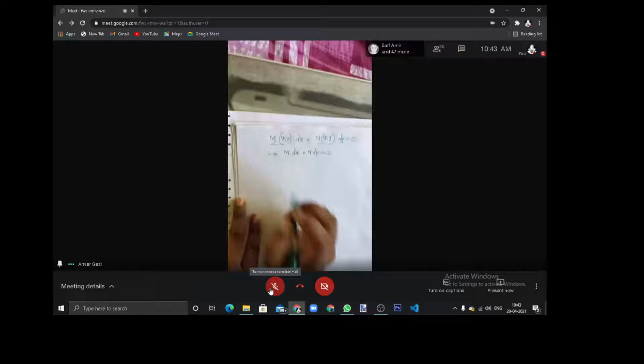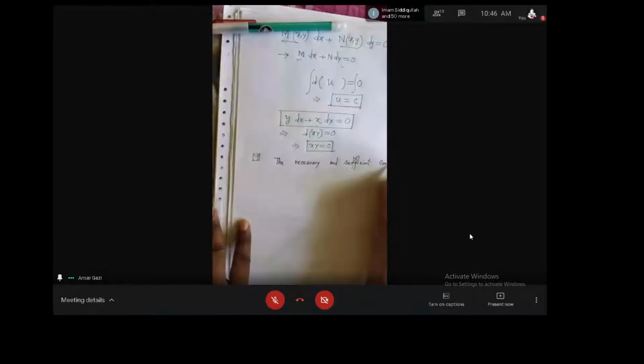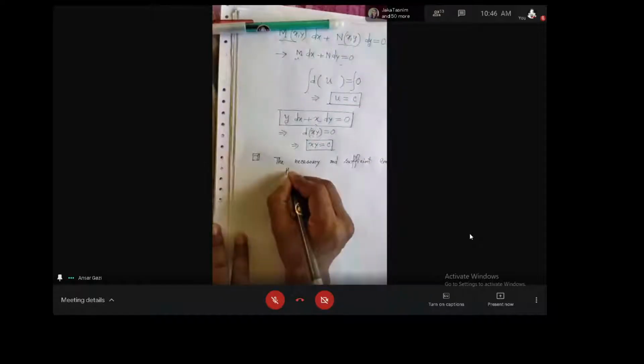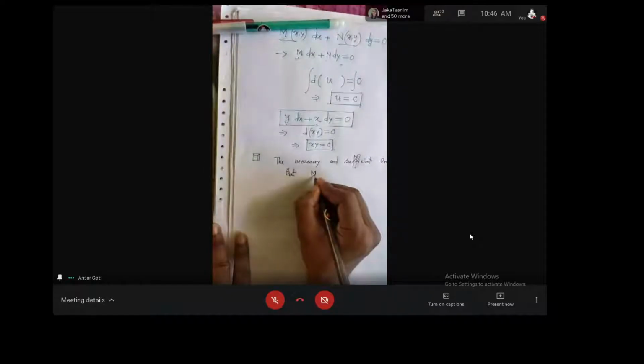Now our target is to find the necessary and sufficient condition. The necessary and sufficient condition that M dx plus N dy equal to 0 be exact: this is a first order first degree differential equation.